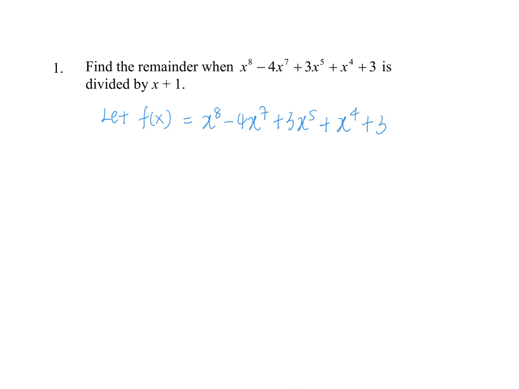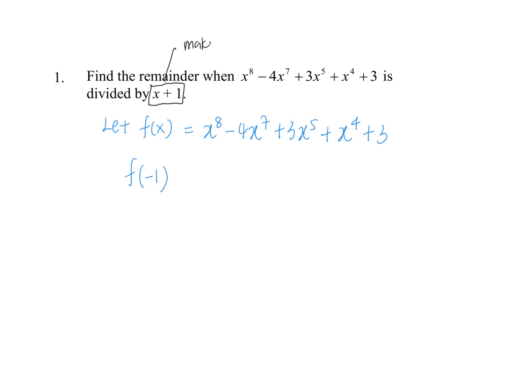Then you sub in x as minus 1. Make this 0. So when you sub in, it will give you your remainder. So you go and put in this.